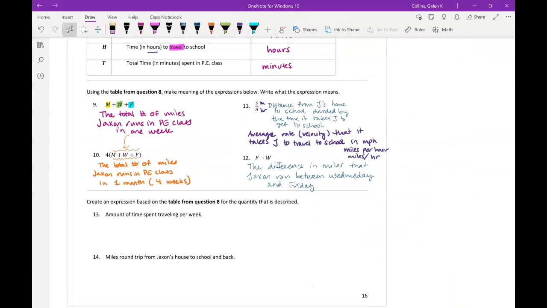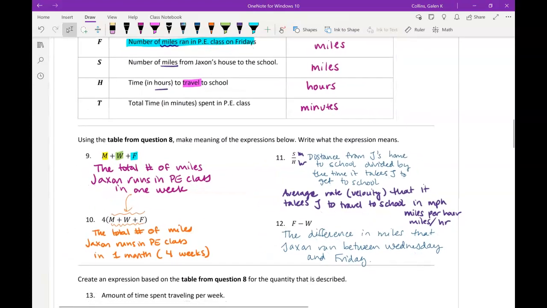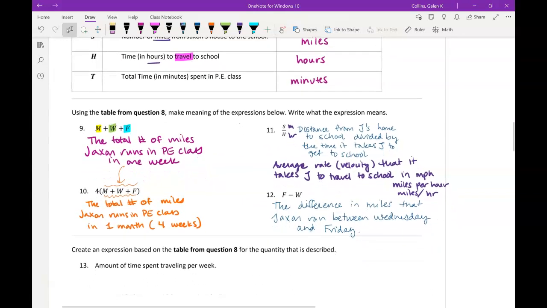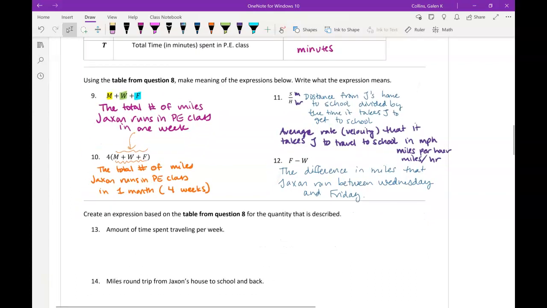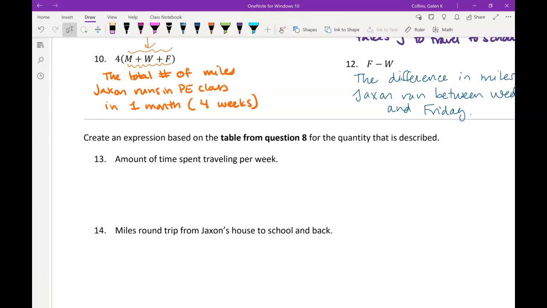And we're trying to figure out the amount of time spent traveling per week. Well, we're just in this context only considering his time for school. So we've got to be careful here. If H is the time it takes him to travel to school, I think we should assume that he has to come home from school.